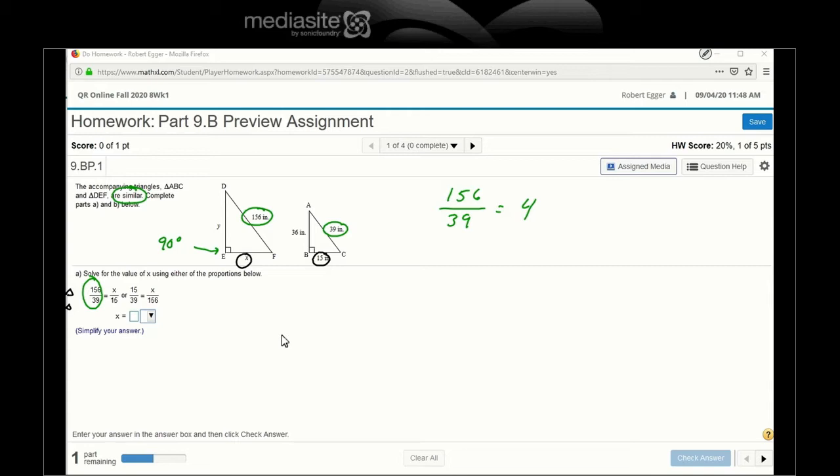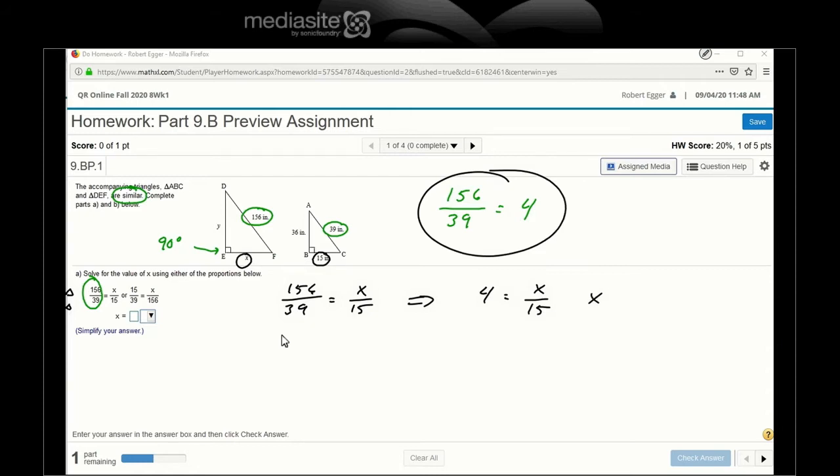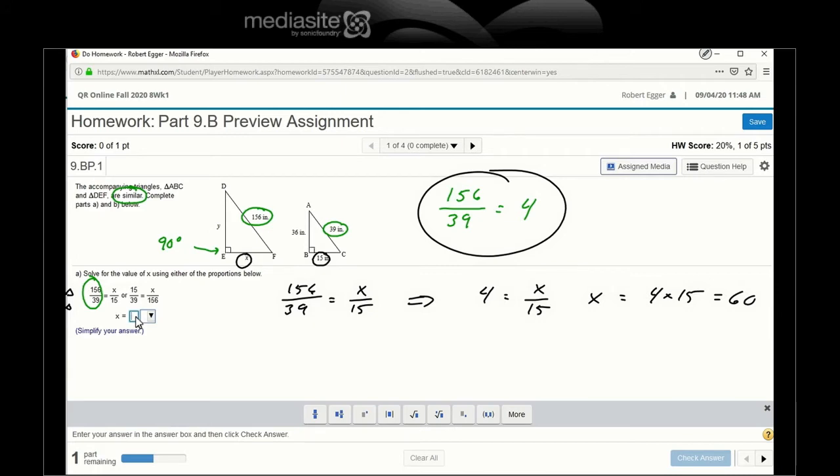So let's look at 156 over 39 equals x over 15. Which means 4 equals x over 15, because 156 over 39 is 4. So x should be 4 times 15, or 60. And the units are in inches, so this must also be in inches.